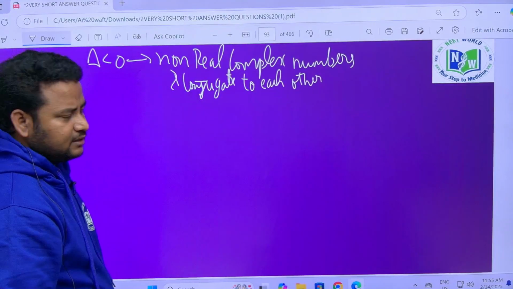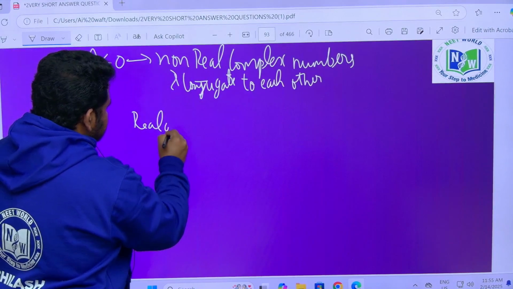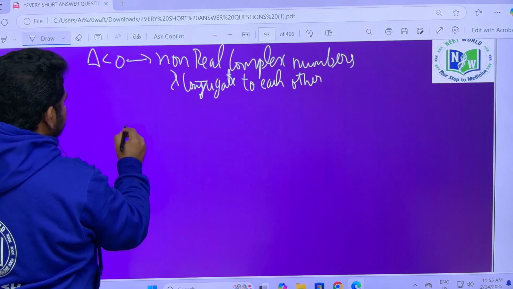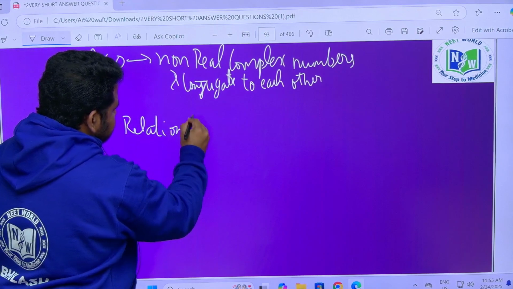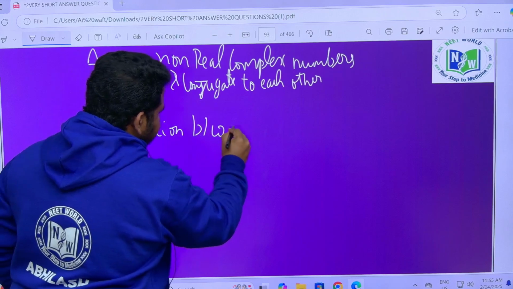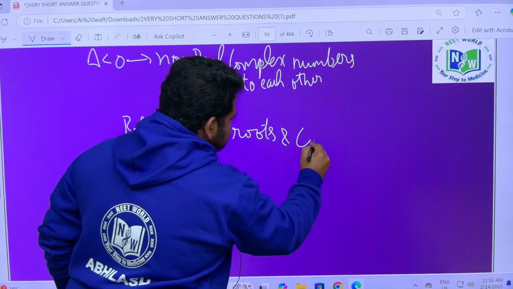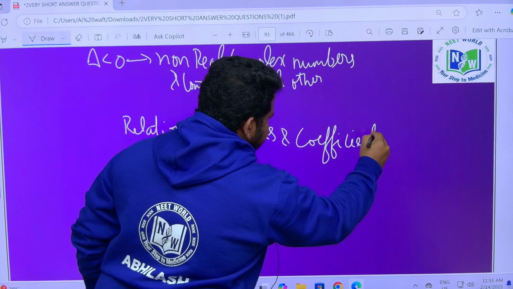Next, you have to understand the relation between roots and coefficients. This will be useful even in the next chapter.